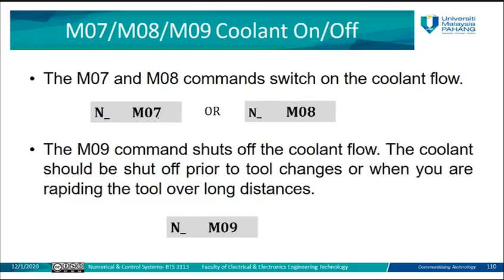So for example, we have M07 and M08, both used for switching on the coolant. The M09 command here is used to shut down the coolant flow. The coolant should be off prior to the tool change. That means before you change the tool, you need to shut off the coolant by using the command M09.